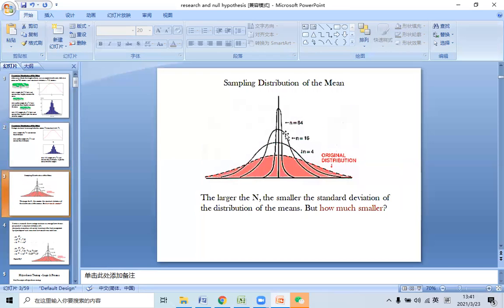Then these thinner, narrower lines are the distributions of sample means. The larger the sample size, the smaller the standard deviation. As the sample size increases, the standard deviation of the distribution decreases. But the mean doesn't change. The mean remains the same.